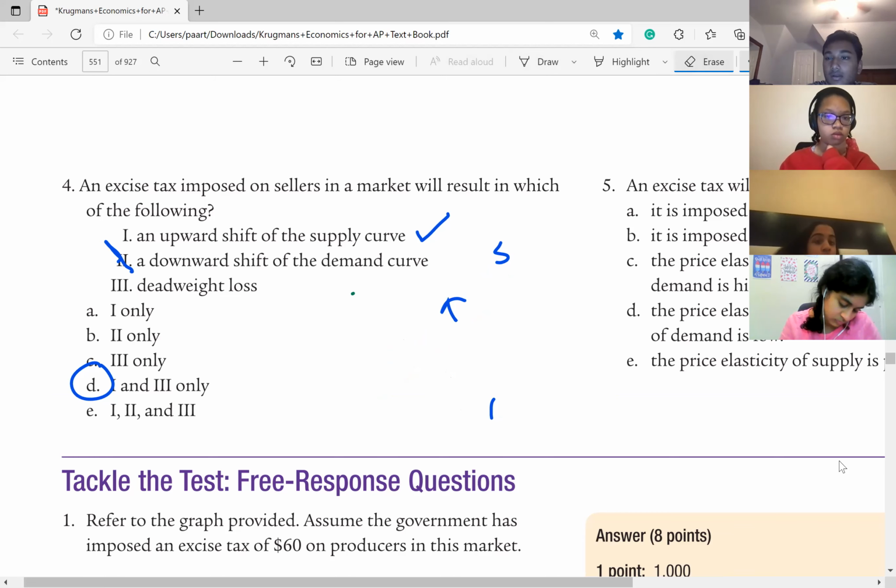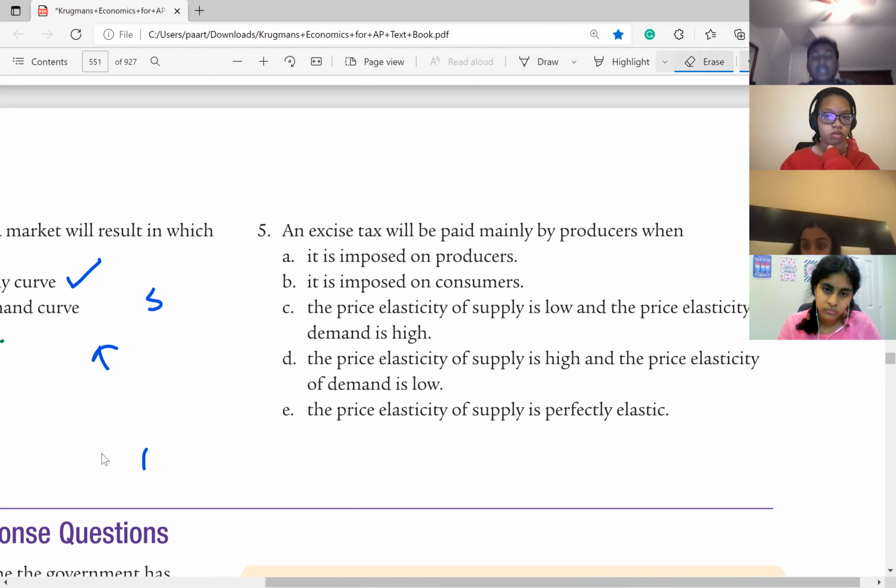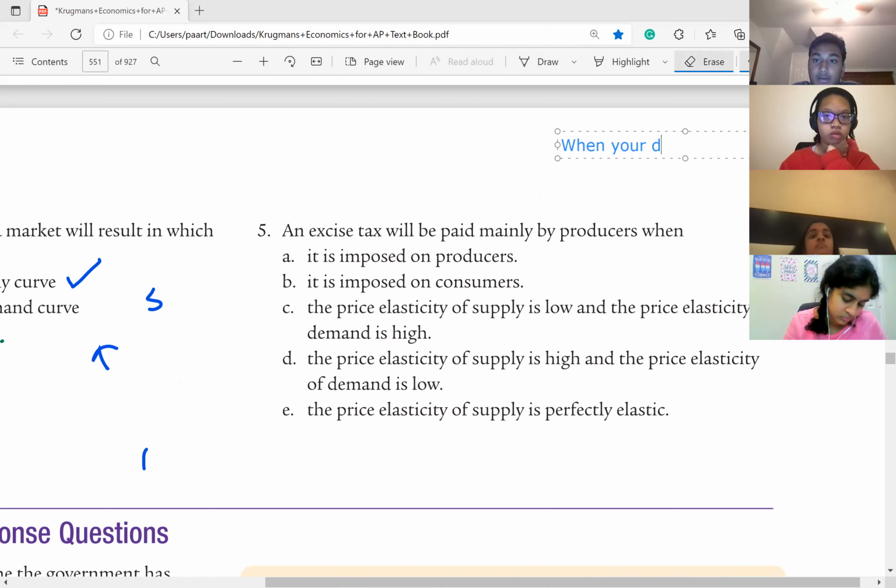and then number 5, an excise tax will be paid mainly by producers when... so this one deals with elasticity. So I'm just going to type the general rule for this on the screen. When your demand is more inelastic, that means that consumers carry more of the burden.